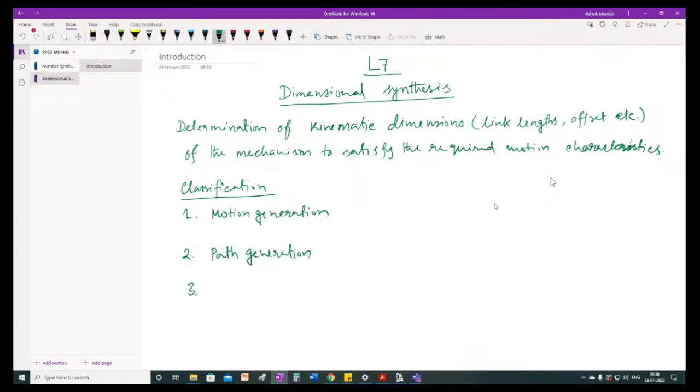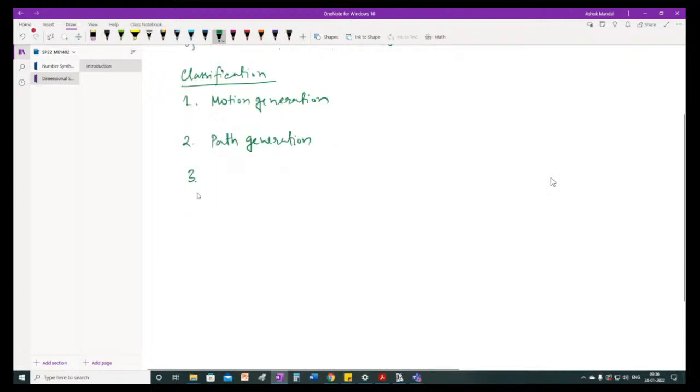Third, we will discuss function generation. We will discuss the graphical methods for these dimensional synthesis problems, and this is called dead center problem.